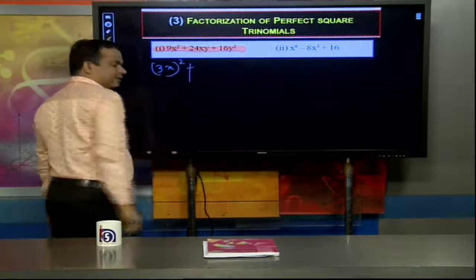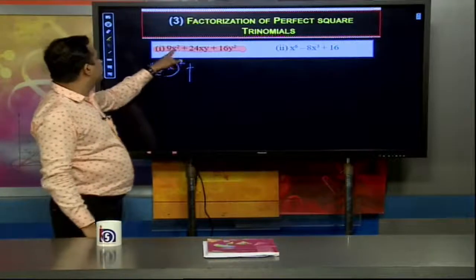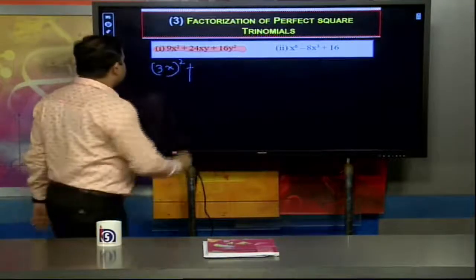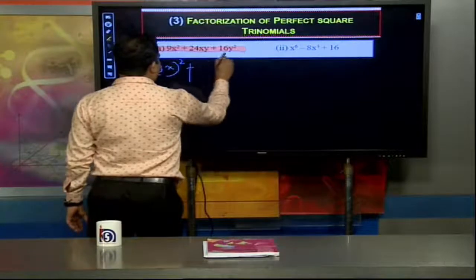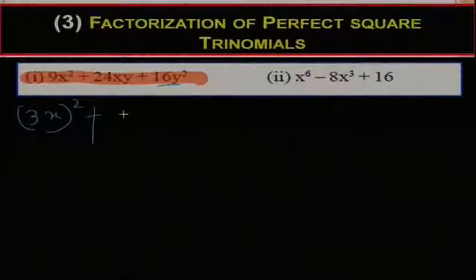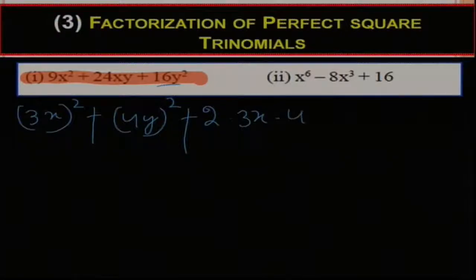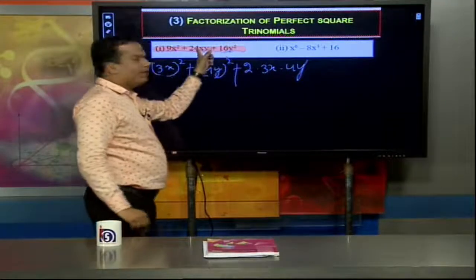Yes, I can write, because (3x) whole square is equal to 9x square. Plus, for 16y square I can write (4y) whole square, plus 2 into 3x into 4y. 2 into 3x is 6x, 6x into 4y is equal to 24xy.